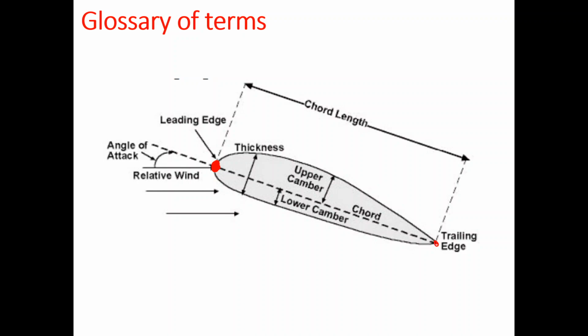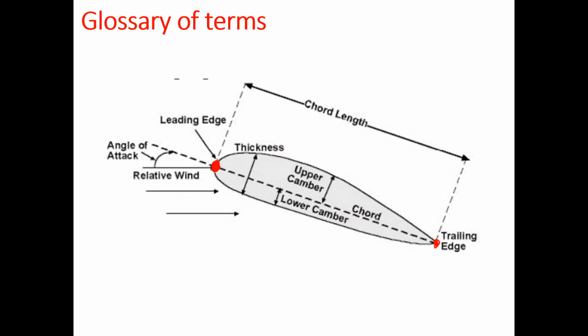We also have the trailing edge, which is the point where the air leaves the airfoil, essentially. And if you recall from your aerodynamics, we had the cutoff condition at the trailing edge, where the velocities had to be equal or zero, right? So we either had to have a stagnation point or equal velocities.